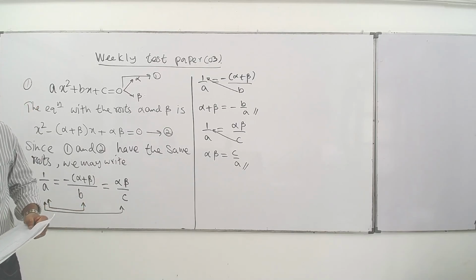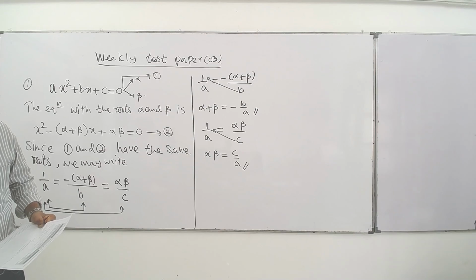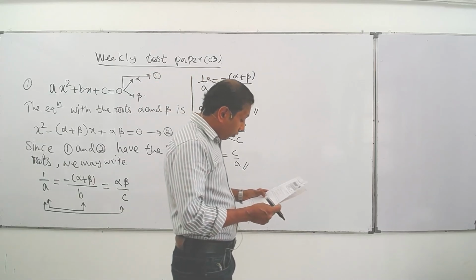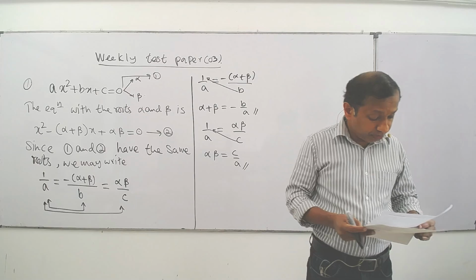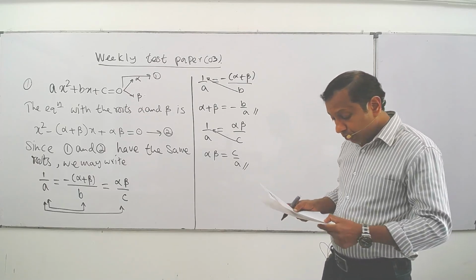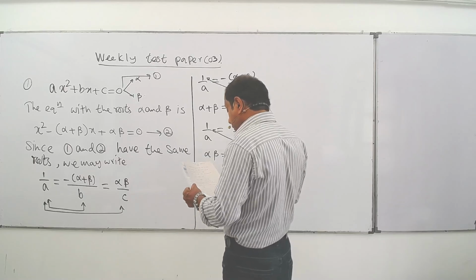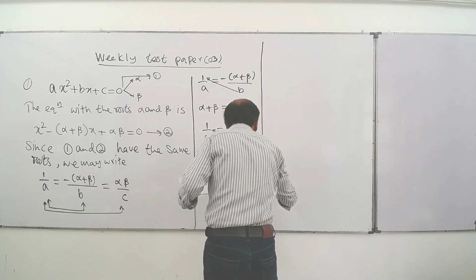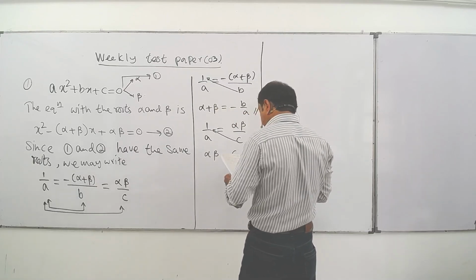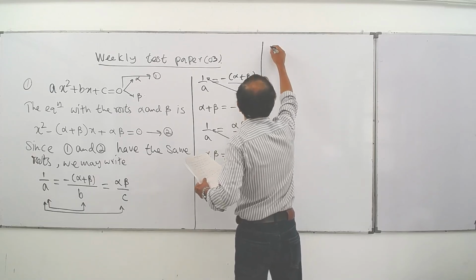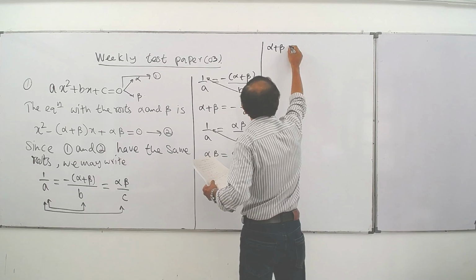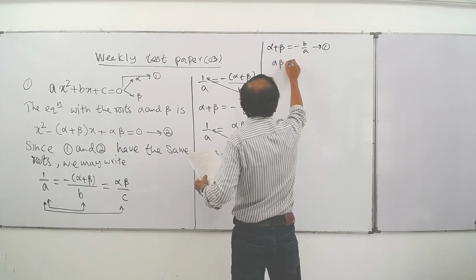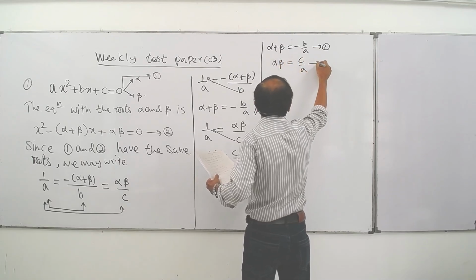Okay, next part is asking this way: if alpha over beta equals lambda over mu, then show that this answer holds. Now we have the results. First, we just proved alpha plus beta is minus b upon a, number 1, and alpha beta is c upon a, number 2.